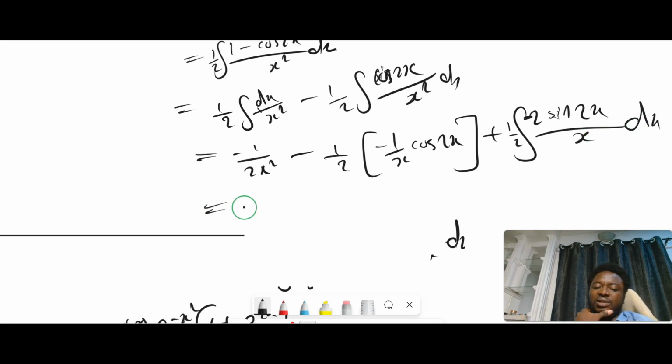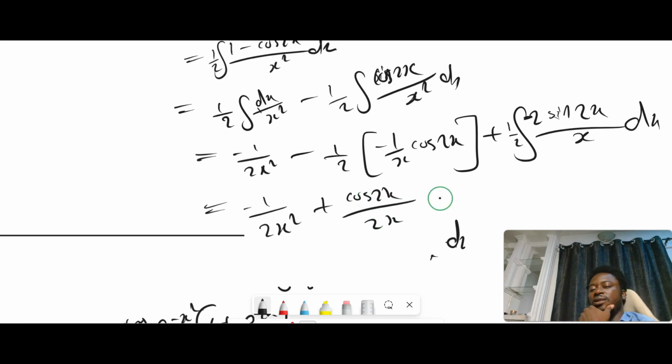So that would be negative 1 over 2x squared plus cos 2x over 2x, and then minus the integral of sine 2x over x dx.